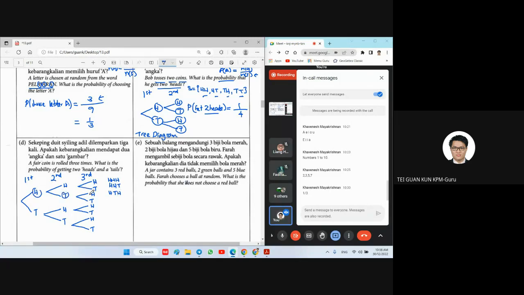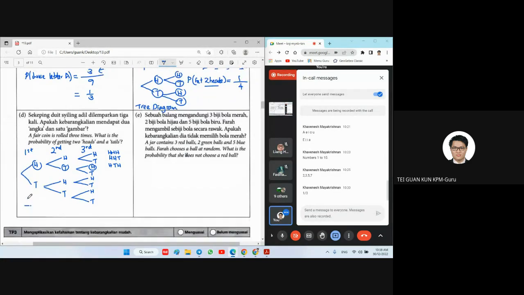Boleh baca ni. You know how to read based on these tree diagrams. This is called the tree diagrams. Ya, kena tahulah macam mana nak mendapatkan jawapannya menggunakan tree diagrams. Next, head, tail, tail.